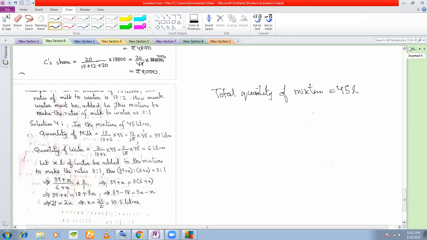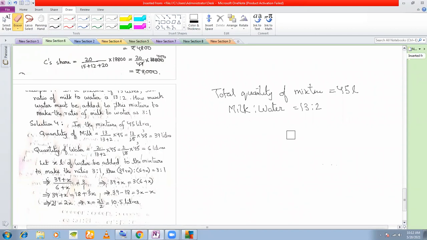Now in this 45 liters, what is the ratio of milk to water? 13:2. That means 13 parts is your milk, 2 parts is water. Okay. Now we'll proceed with what is given here.